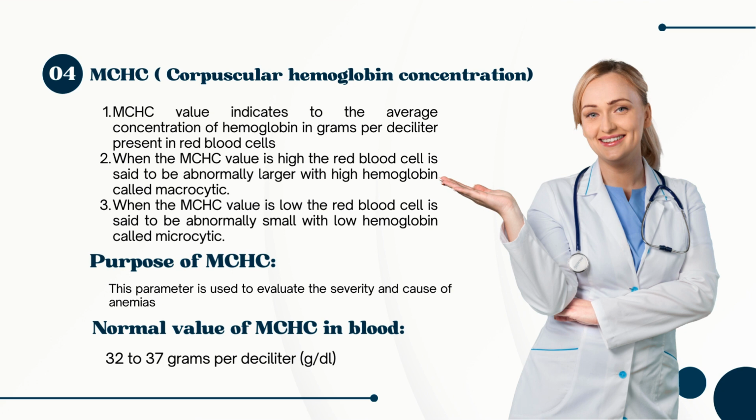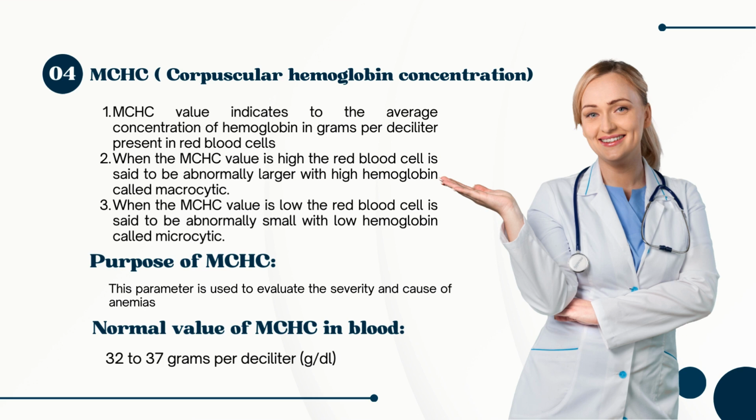MCHC, mean corpuscular hemoglobin concentration. MCHC value indicates the average concentration of hemoglobin in grams per deciliter present in red blood cells. When the MCHC value is high, the red blood cell is said to be abnormally larger with high hemoglobin, called macrocytic.